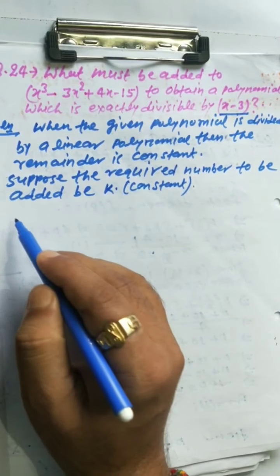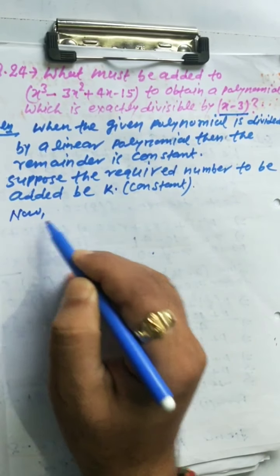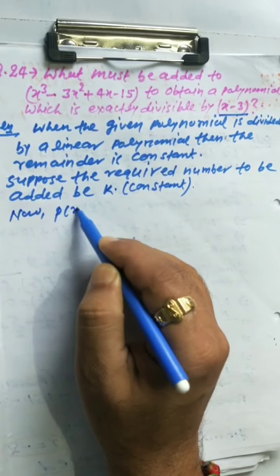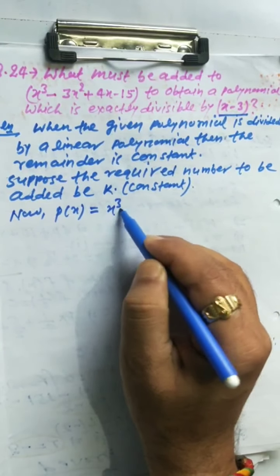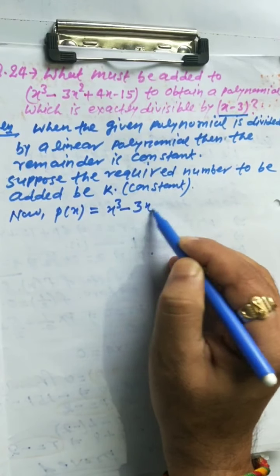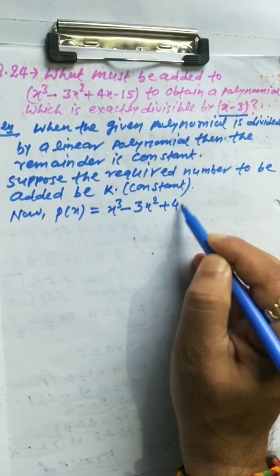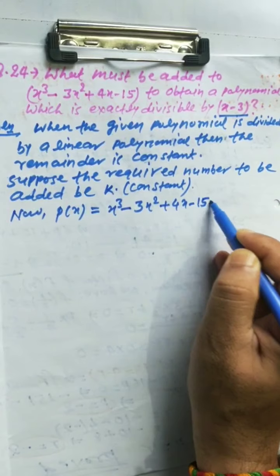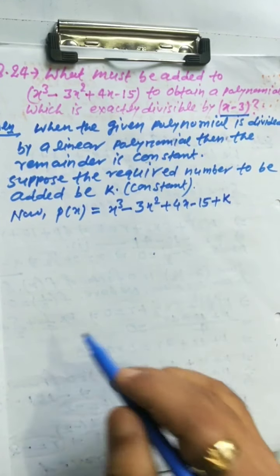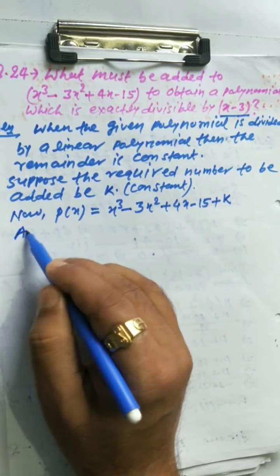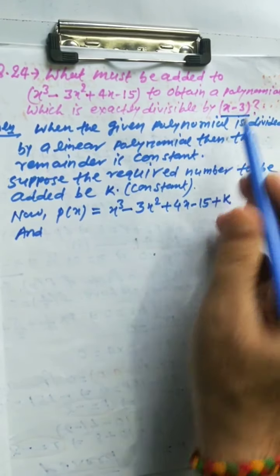So now your p(x) will be x cube minus 3x square plus 4x minus 15, and you have to add this k in this, and your g(x), that is your factor, is x minus 3.